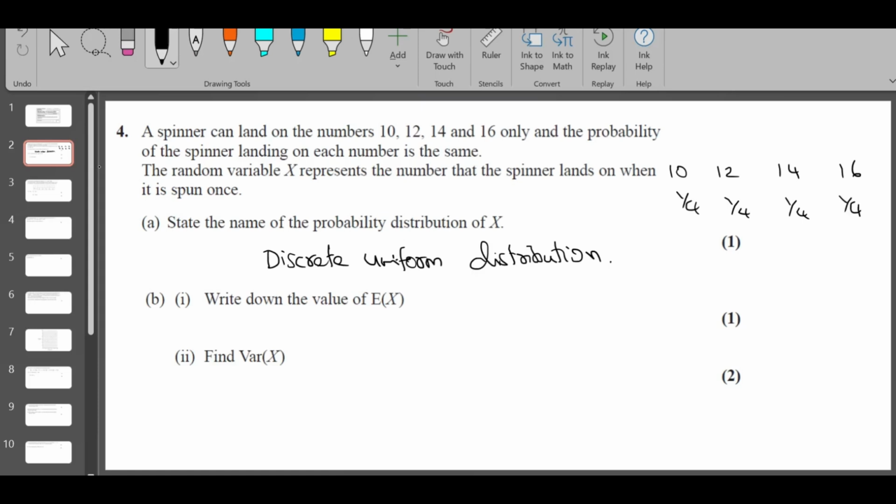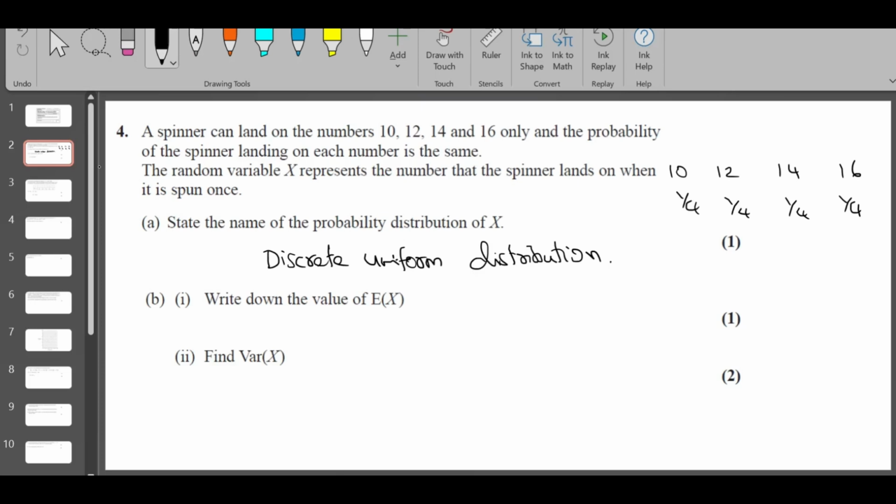So if they ask you to find E of X, usually for the discrete uniform distribution, the formula to find E of X is this, variance of X is this, only when you have natural numbers. In this case the numbers are like 10, 12, 14, 16.